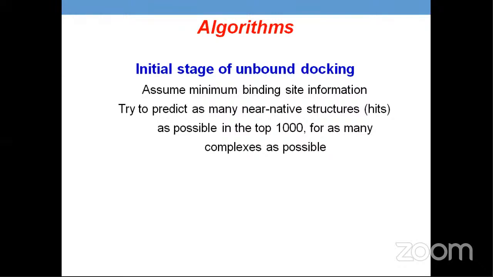Binding site information means the information we get from literature that we know these portions of the receptor and these portions of the ligand are known to be interacting with each other.